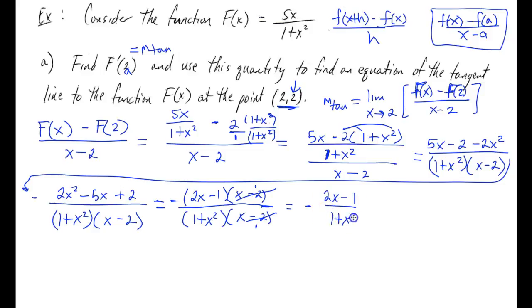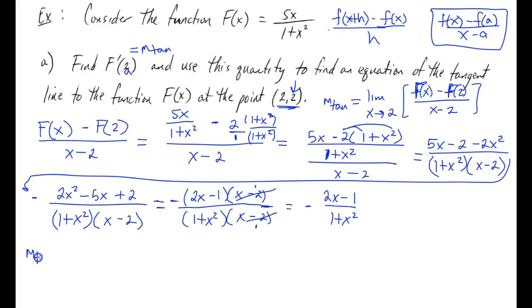What this means in terms of the limit is that the limit of this as x approaches 2 is going to act just like this expression or this function as x approaches 2. And so now we know that we're in a good place here, because if I were to plug in 2 into this x right here, I know that I wouldn't get 0 in the denominator. So now I'm where I need to be.